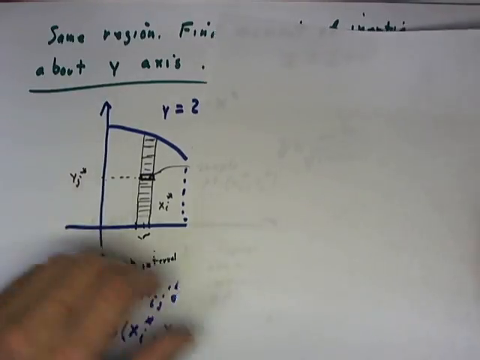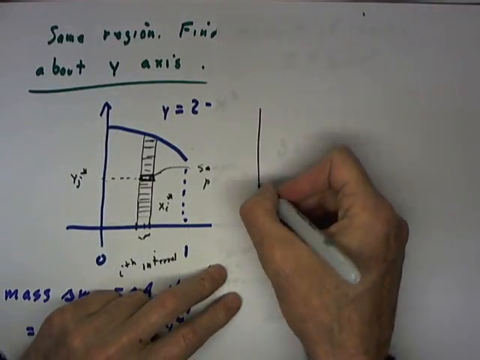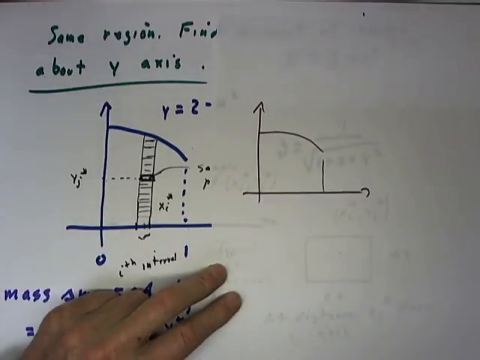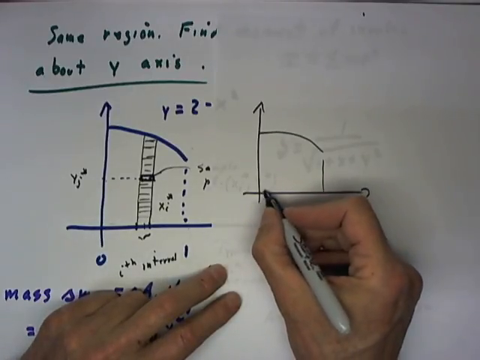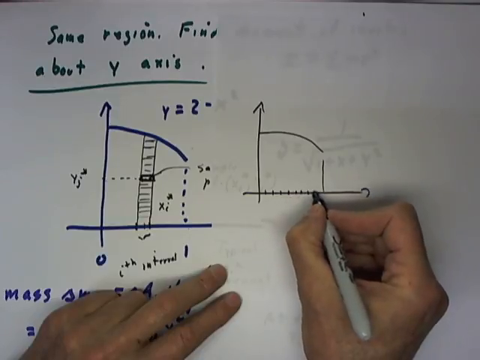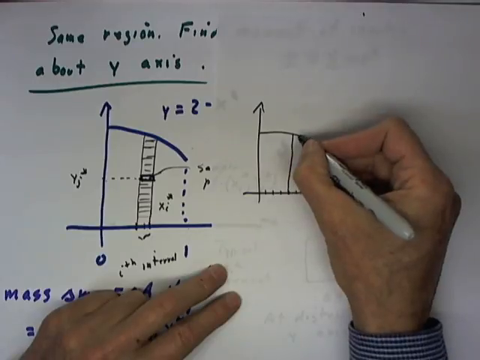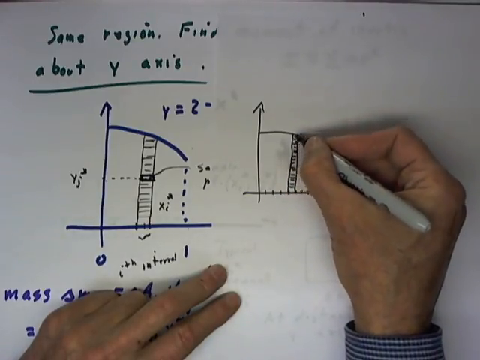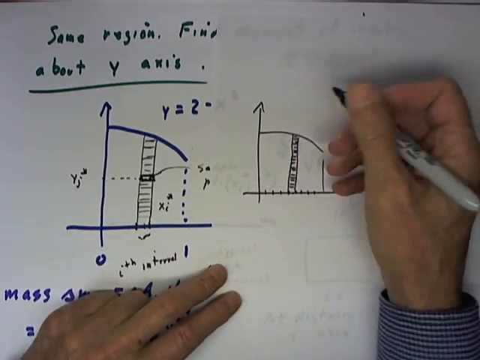The picture that we get could be represented generally, with no attempt to be very neat about it. We subdivide our x interval. For every x interval, we subdivide our y interval. Our y interval runs from 0 to f of x, whatever the function is.